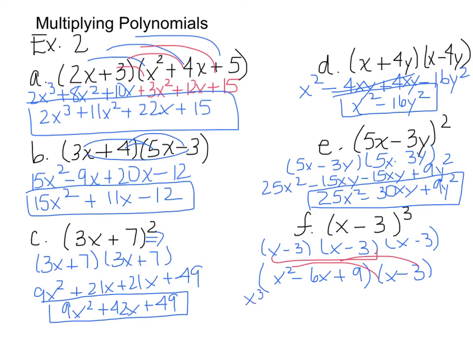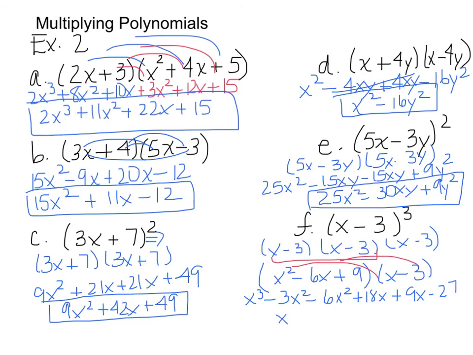So you'll get x cubed minus 3x squared. Then you'll distribute the negative 6x. Negative 6x squared plus 18x. And then you'll distribute the 9, plus 9x minus 27. And when you get here, you combine all like terms.